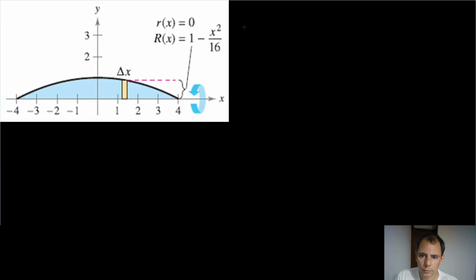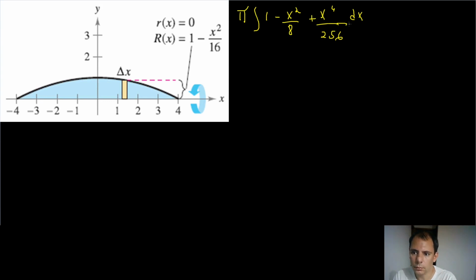Let's do it. It'll be pi times the integral of 1 minus x squared divided by 8 plus x to the 4th divided by 256, dx, right? Let's try it.